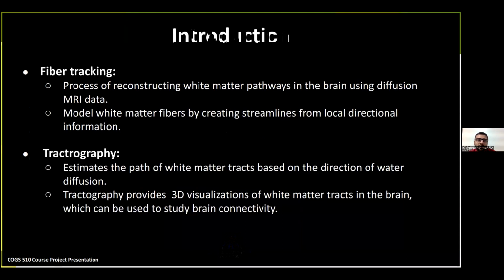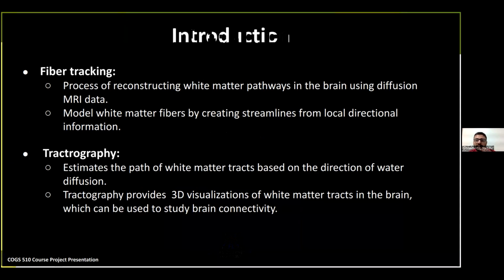So going to fiber tracking, what's fiber tracking? Fiber tracking is a process of reconstructing the white matter pathways from the imaging data, and this is done by creating streamlines from the directional information.